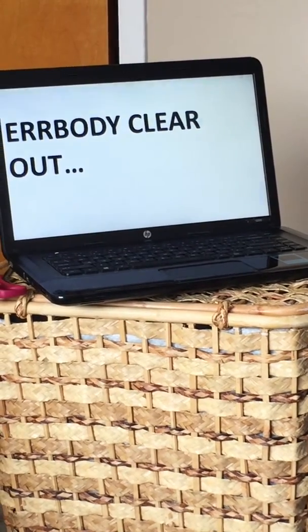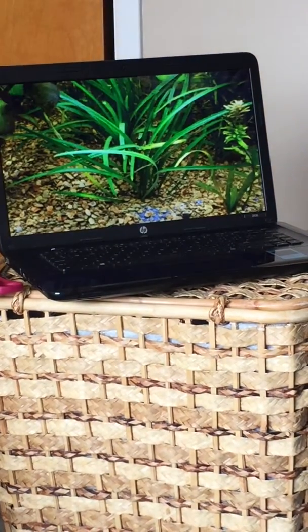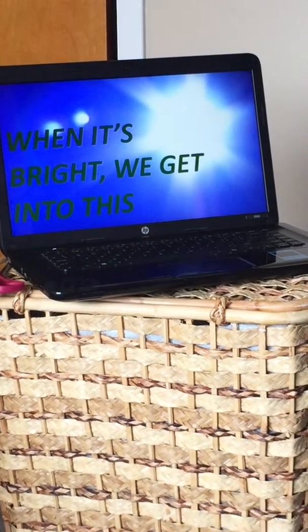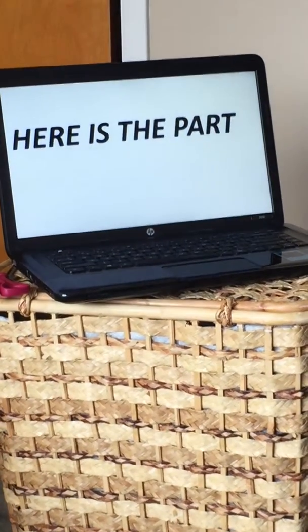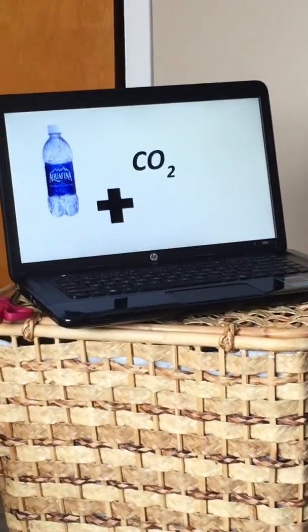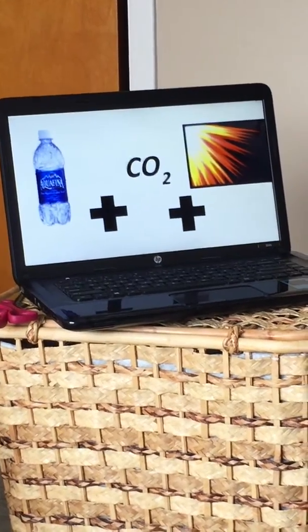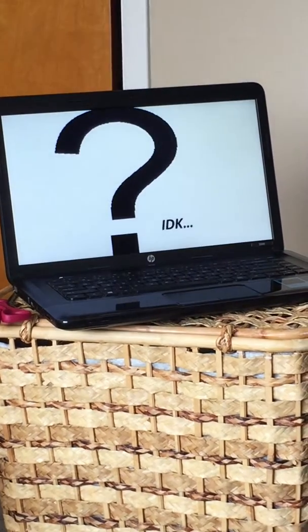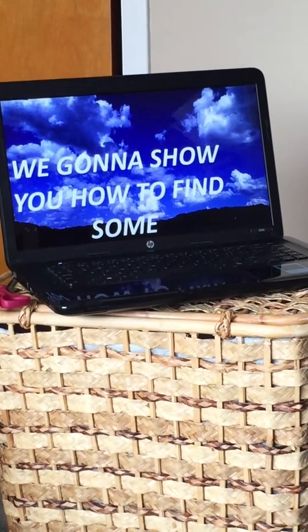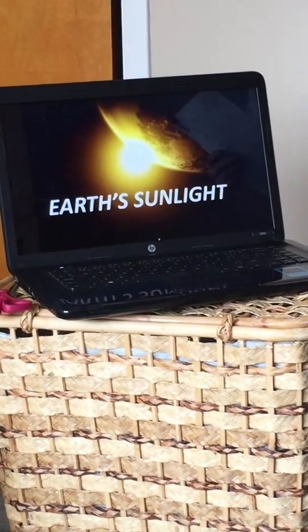Everybody clear out, I'm about to spread out. I'm a plant, but I ain't playing, 'cause now is when the sun's out. And you know when it's bright, we get into this. Here is the part when we start photosynthesis. First we take some water, add a little CO2, and we mix it with some energy. But where do we get all the energy from? If you look up to the sky, we gonna show you how to find some. Plants get it all from the earth's sunlight.